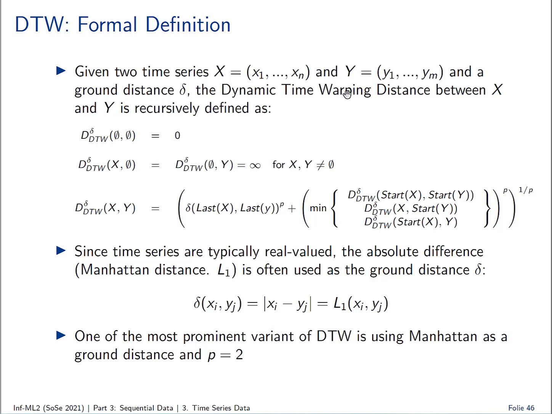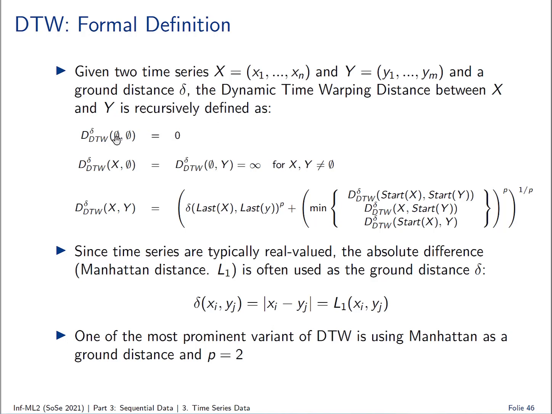And now the dynamic time warping distance is again a recursive function. So the base case here is that both are actually empty. Both argument time series have length 0. Then the dynamic time warping distance is 0. Now we are looking for a distance, not for the number of edits as in the edit distance, but we want to compare the elements here.